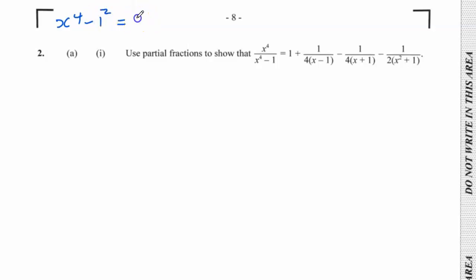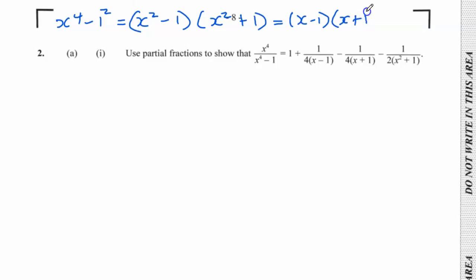So that's x squared minus 1 into x squared plus 1, which we can break down even further. The x squared minus 1, we can rewrite as x minus 1 times x plus 1, and the x squared plus 1. So these are all the factors. And notice all of these factors are on the right hand side here.